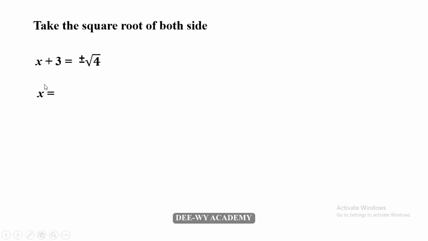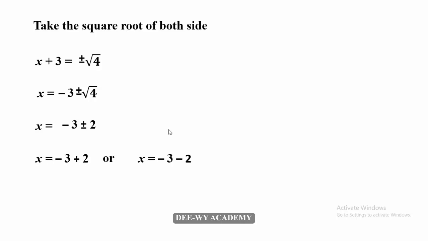We'll be left with x, and x will be equal to minus 3 plus or minus square root of 4. The square root of 4 is 2. So we now have x is equal to minus 3 plus or minus 2. Therefore, x is equal to minus 3 plus 2, or x is equal to minus 3 minus 2. This plus 2 here is the positive value of 2, and the minus 2 here is the negative value of 2 from here.